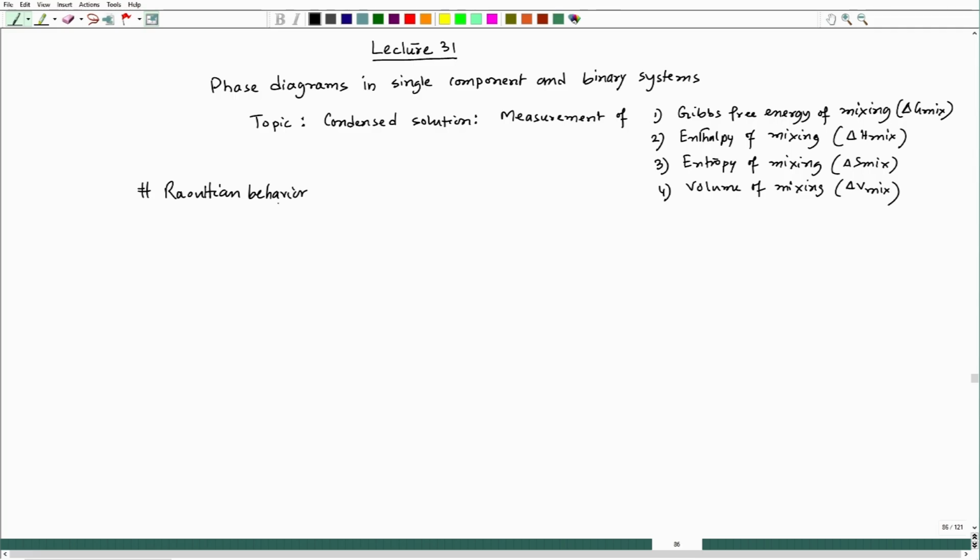And that suggests that the solution behaves ideally, or ideal solution. And we have found a couple of expressions.